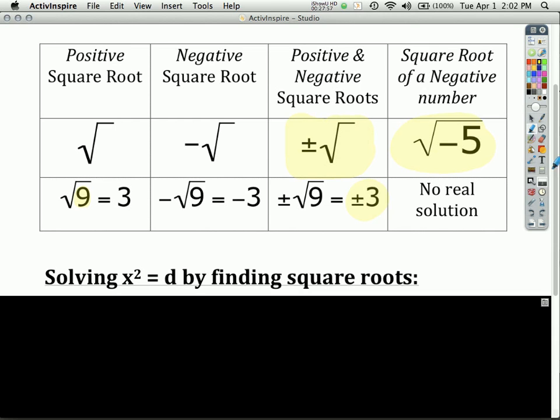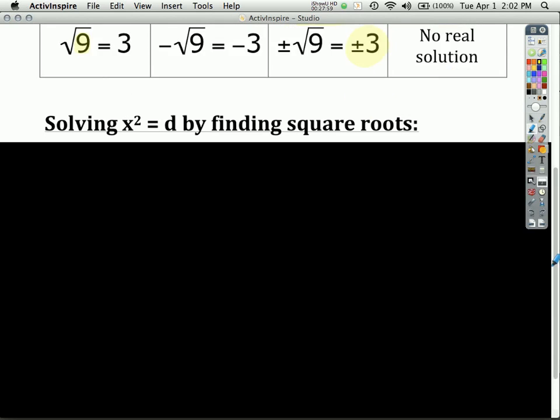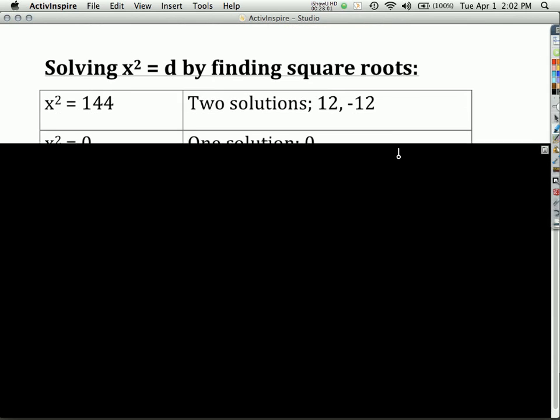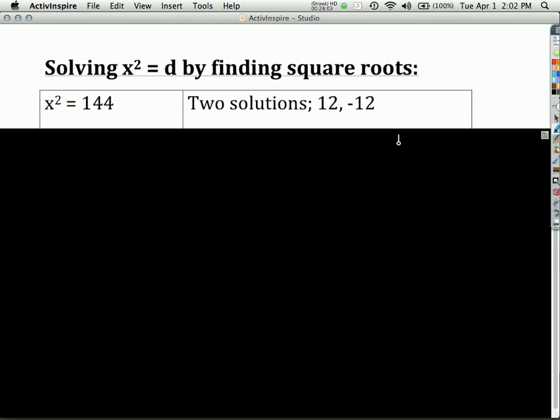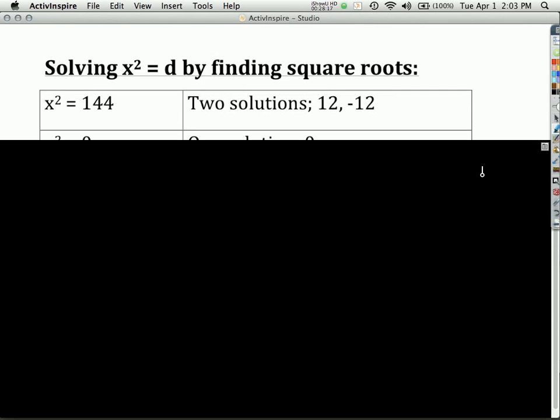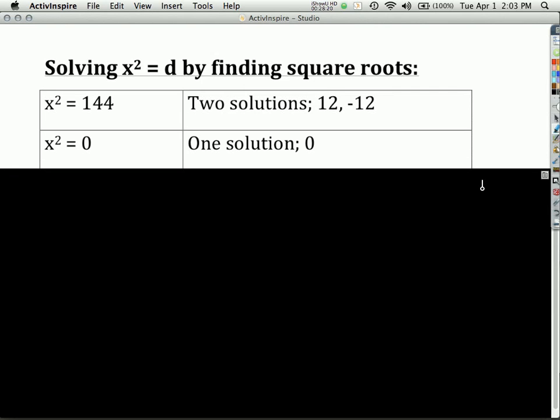Here are a few examples of what you're going to see today. X squared equals 144. There are two solutions to that equation, 12 and negative 12. X squared equals 0 has only one solution, because when you take the square root of 0, you get 0.